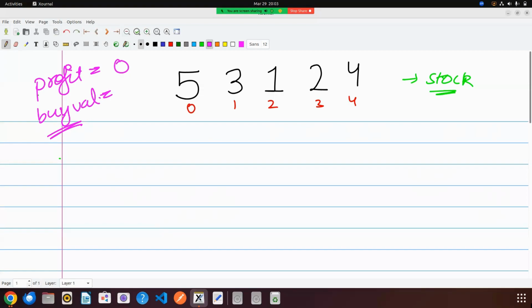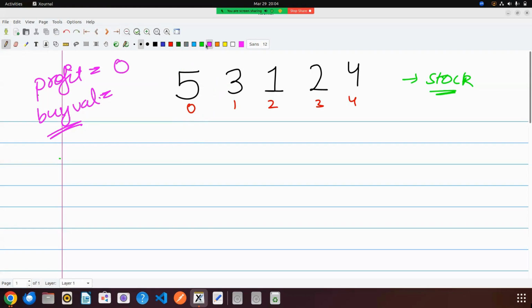Okay, so let's talk about this day. On the 0th day, I can only buy. I cannot sell, right? On this day, I can only buy. I cannot sell because I cannot sell before buying it, right? So let's say the initial value of our buy value variable is 5.